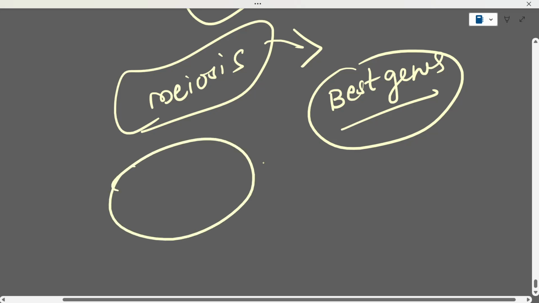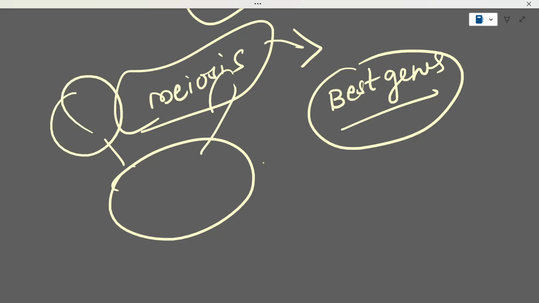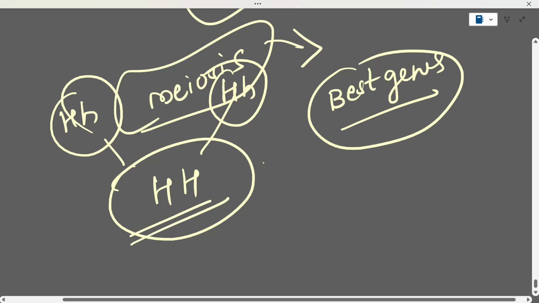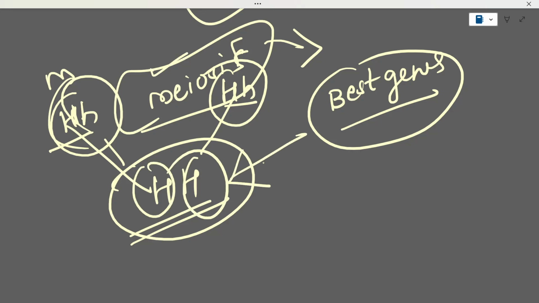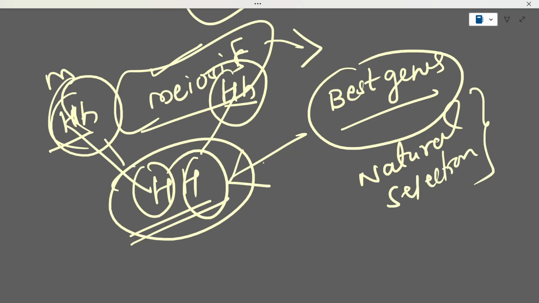So here an offspring derived two dominant variants of height from her parents, from mother and father, and both mother and father carried both dominant and recessive alleles. So here both the dominants, the best genes, have been inherited by meiosis, because this is how natural selection keeps selecting the best possible one.